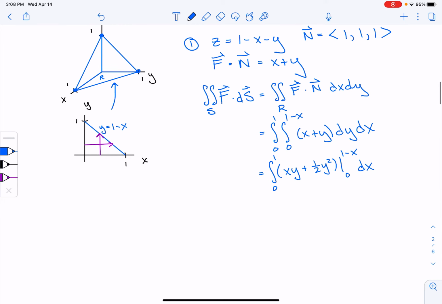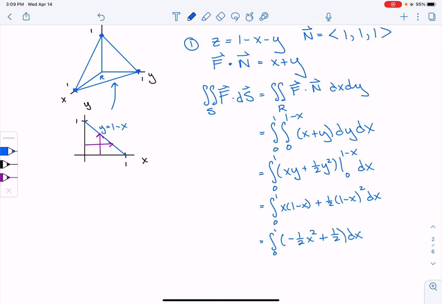Well, that is the integral from 0 to 1 of x times 1 minus x plus 1/2 times 1 minus x squared. If I expand this and do some manipulation, I can simplify this to the integral of minus 1/2 x squared plus 1/2 dx.